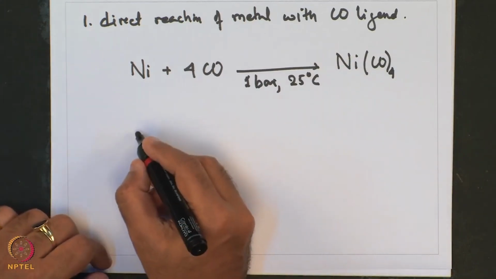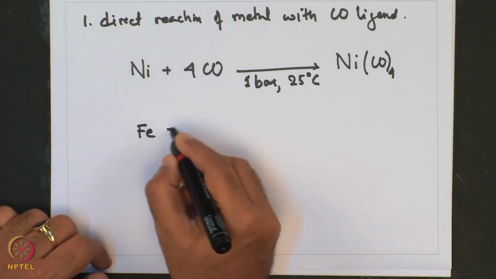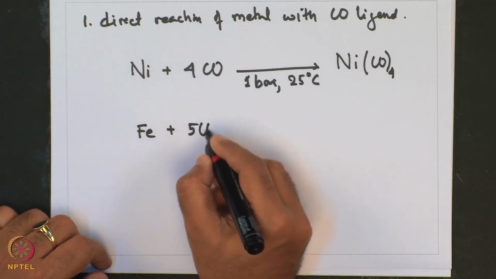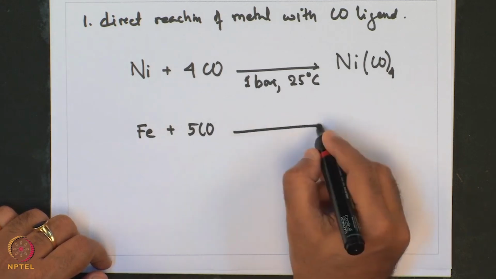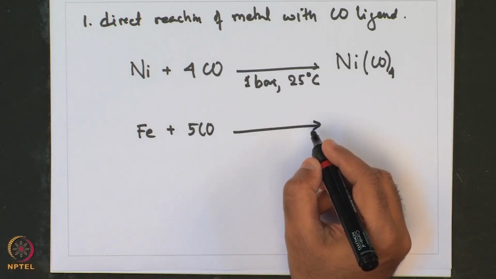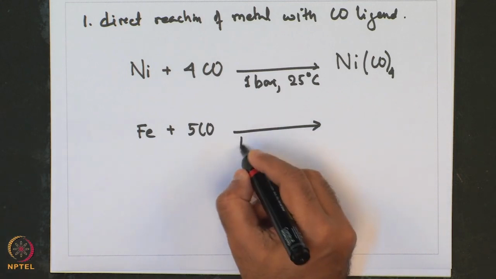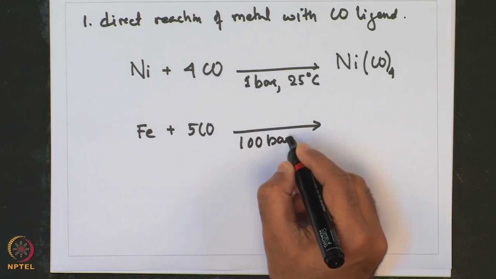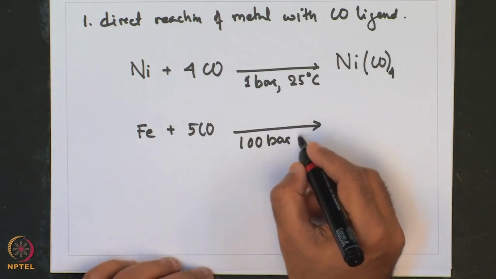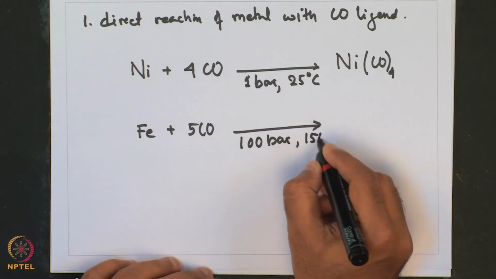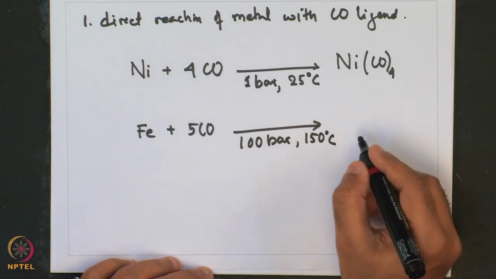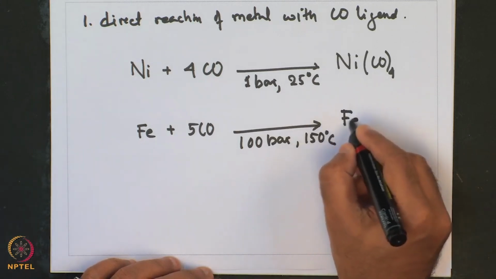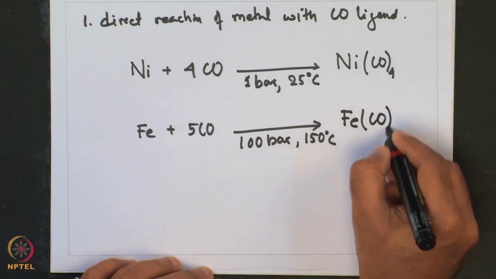Similarly, direct reaction of iron plus CO at a much higher pressure of 100 bar and a higher temperature of 150 degrees centigrade gave iron pentacarbonyl.